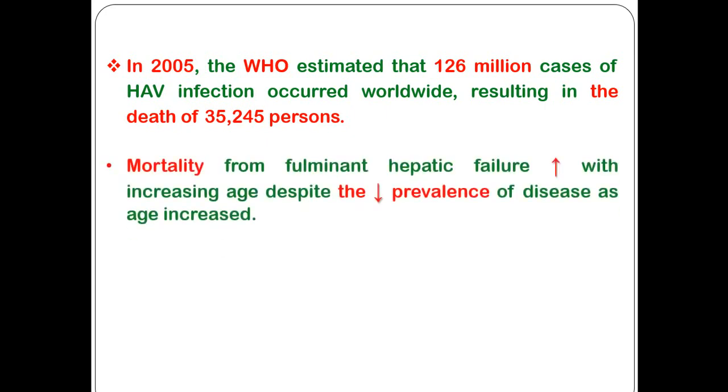The mortality from fulminant hepatic failure increases with increasing age, despite decreased prevalence of disease as age increases. We say the most affected age group is the pediatric age group, specifically 5 to 14 years, but the symptoms are less severe, so the progression to fulminant hepatic failure or the subsequent mortality is decreased in this age group.